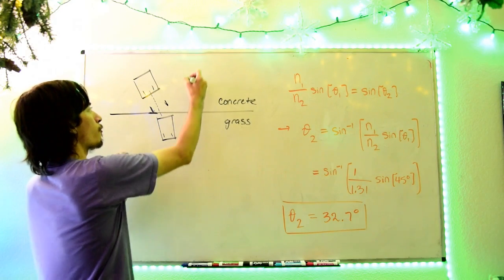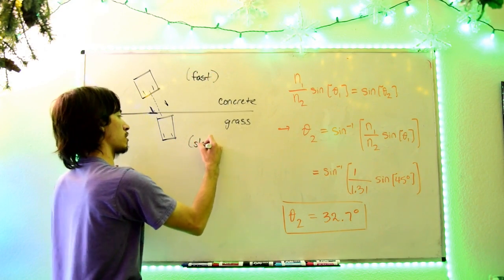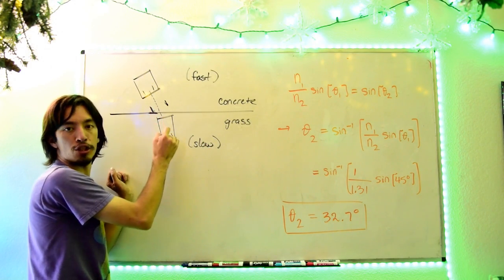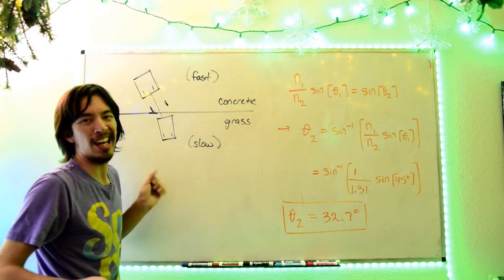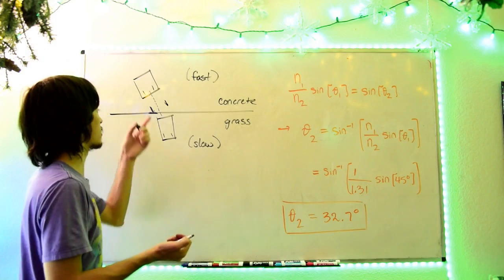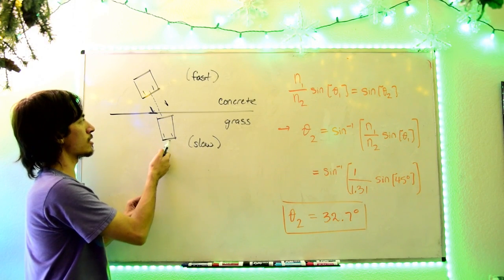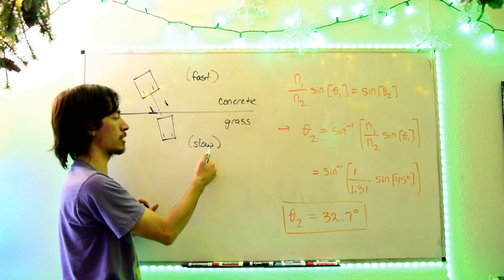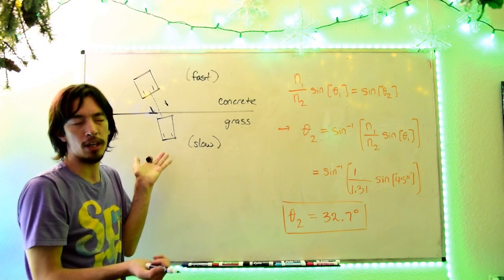So when you go from a faster medium to a slower medium, it bends in towards the normal. Now, this is only an analogy because it's light. Light doesn't have wheels. It's not like a lawnmower exactly. But you can almost use this conceptually to help you understand that when you go from a faster medium to a slower medium, the light bends towards the normal just like this would.